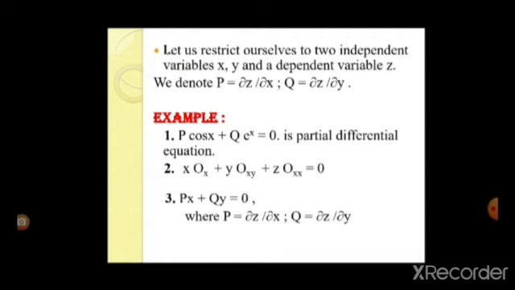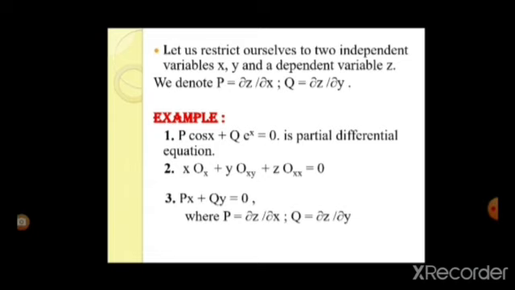Coming to the next slide, let us restrict ourselves to two independent variables x comma y and a dependent variable z. According to the partial differential equation definition, we should have at least two independent variables. So we are considering two independent variables, x and y, and a dependent variable z, which we already took in the function in the earlier slide.